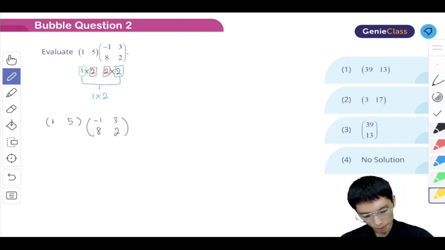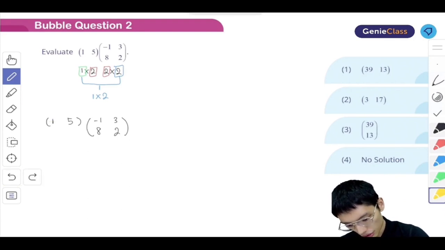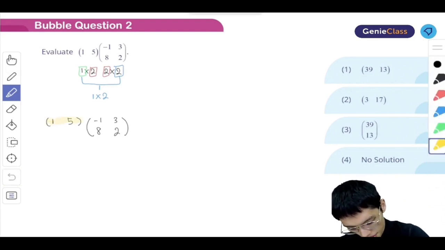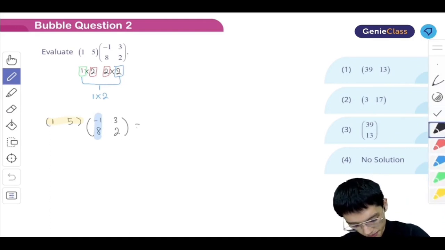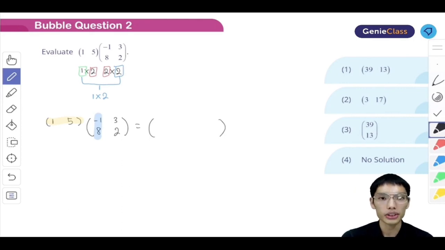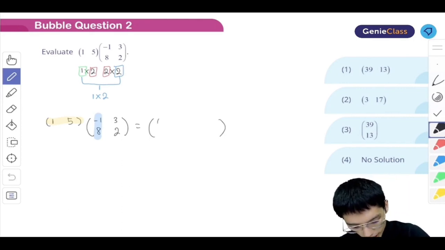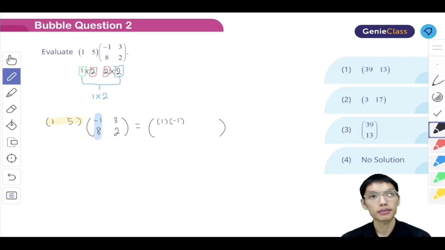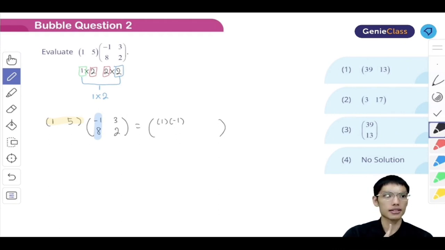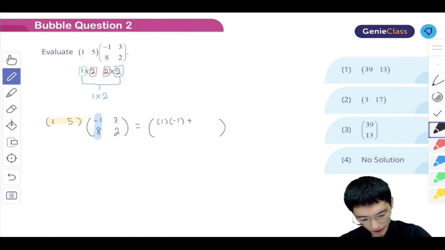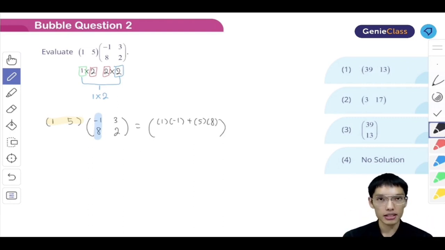When we multiply row and column, it tells us 1 row, 2 columns. 1 I can multiply with minus 1, plus 5 multiplied with 8. Does the multiplication make sense? Yes, it does. Each of the elements is getting multiplied.